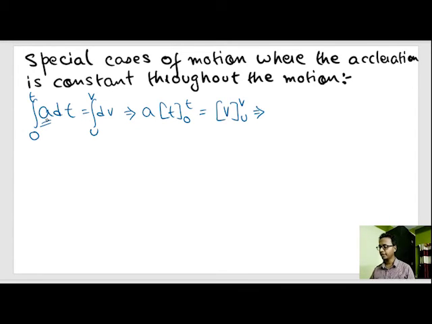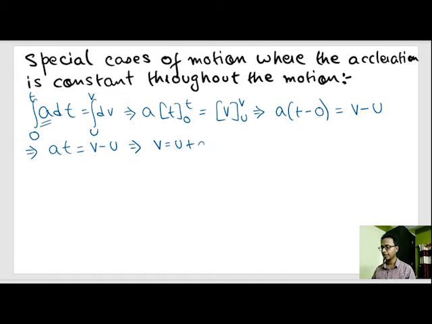This can be written as a into t minus 0 equals v minus u, or at is equal to v minus u, or v is equal to u plus at. This is our first formula.